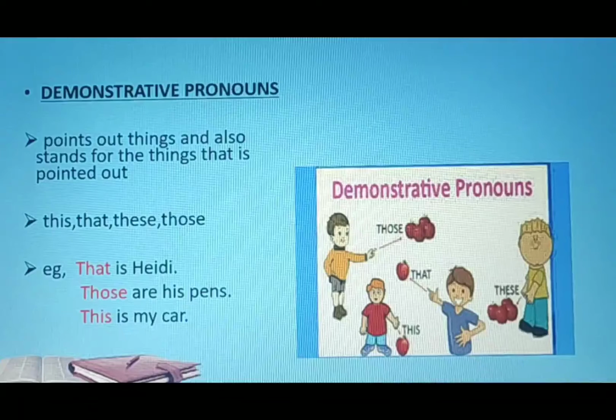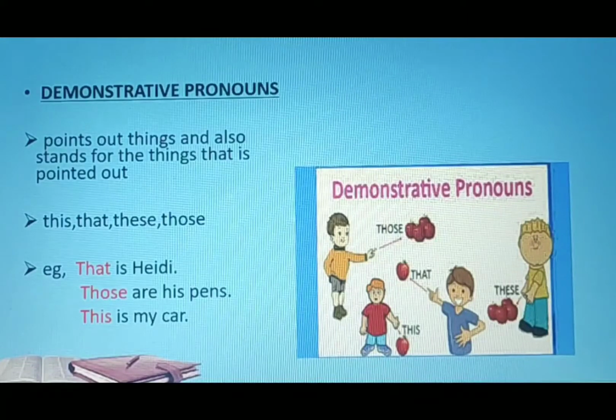So all these words are used to point out things. When we point out something, we use a demonstrative pronoun. Example, that is Heidi. There is a girl whose name is Heidi. If we are pointing at her, we would say that is Heidi. Those are his pens. This is my car.